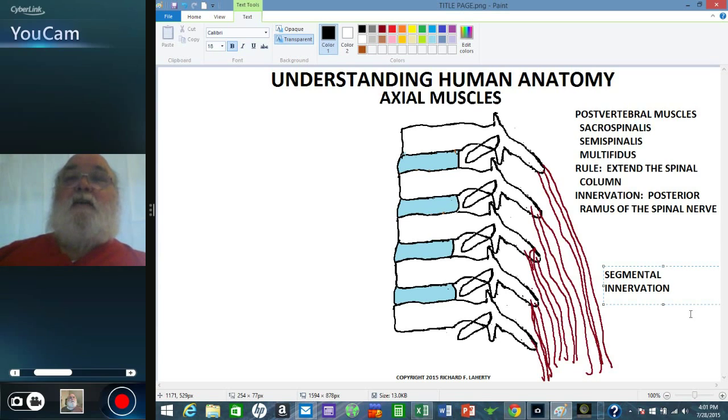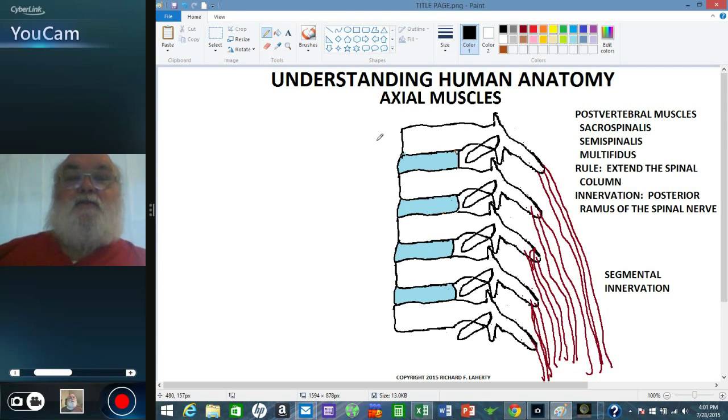They do not have individual names. So the postvertebral muscles extend the spinal column, and they are innervated segmentally by the posterior ramus.